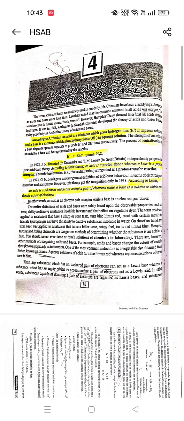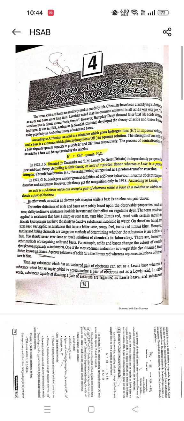It was in 1884 that Arrhenius, a Swedish chemist, developed the theory of acid and bases, known today popularly as Arrhenius theory of acid and bases. According to Arrhenius, an acid is a substance which gives hydrogen ion, that is H+ ion, in aqueous solution, and a base is a substance which gives hydroxyl ion, OH- ion, in aqueous solution.